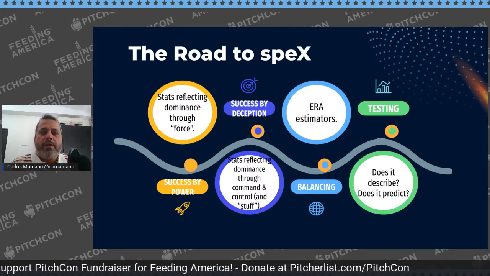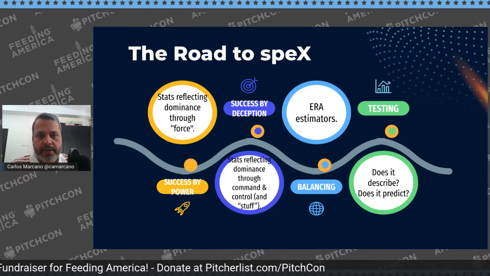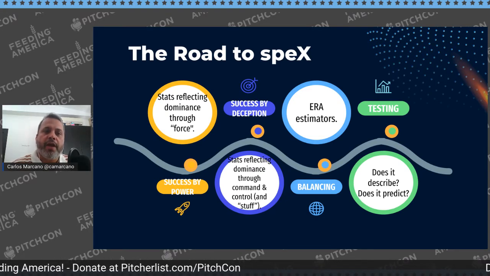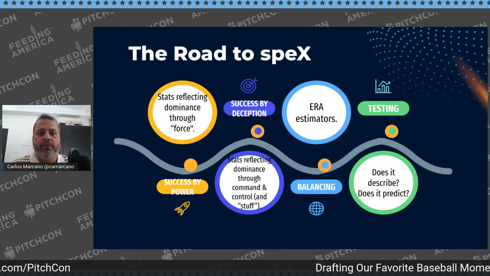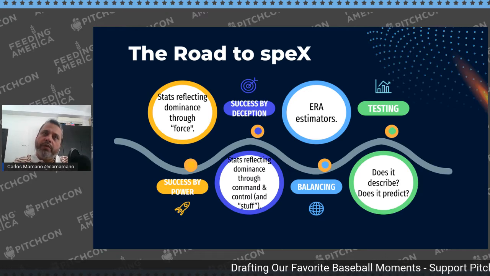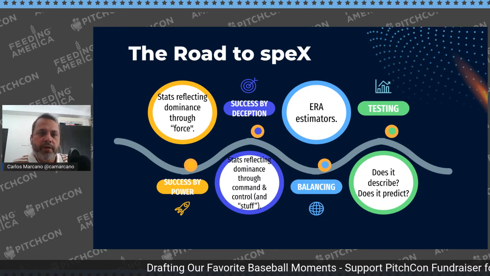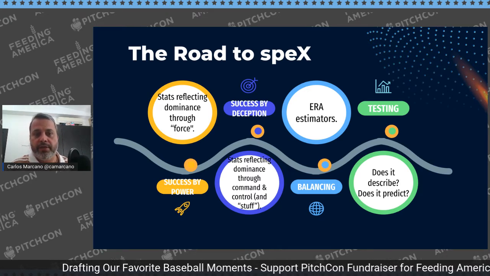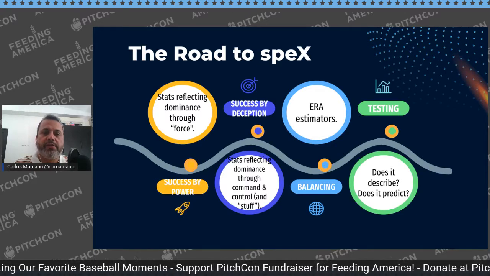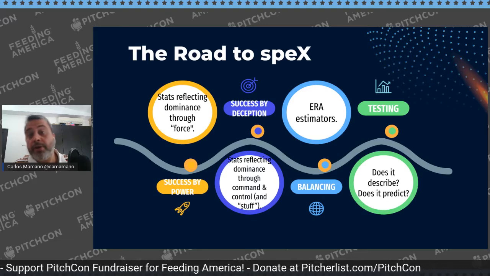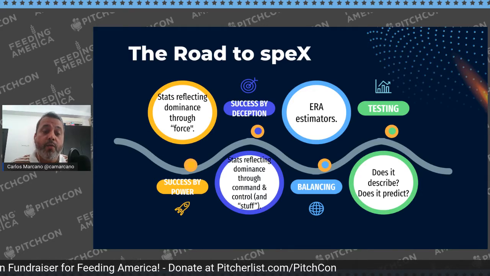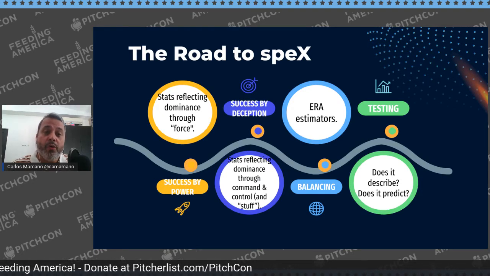So I had this idea of linking together some stats that reflect dominance through force. What does it mean to be dominant by force? Well, strikeouts, basically strikeouts, strikes, swinging strikes, things like that, and their counterpart, walks and balls.